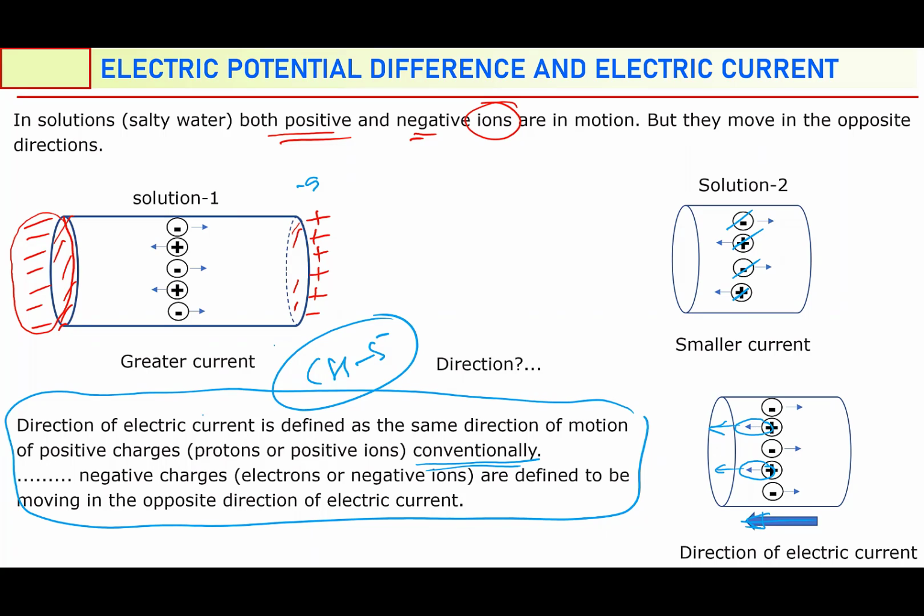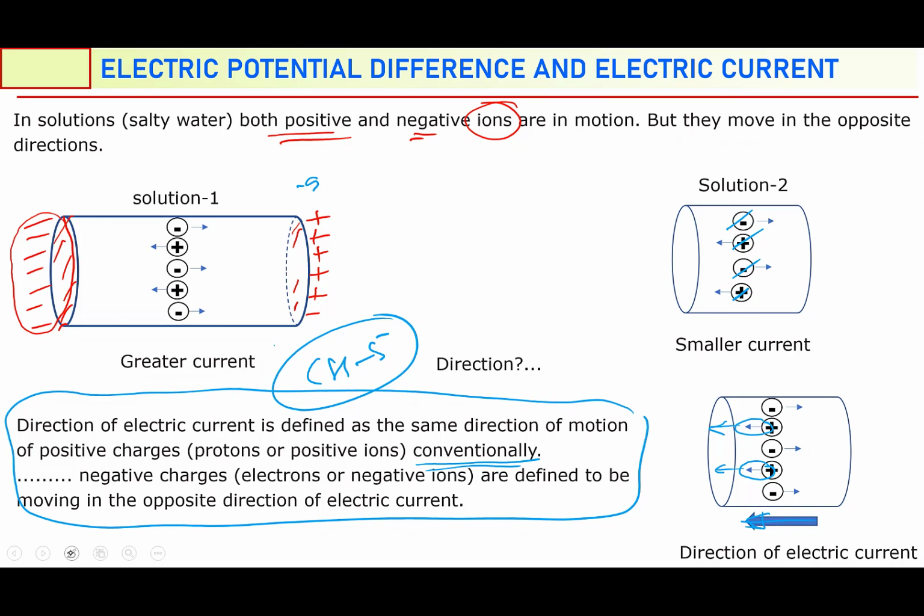Once again, the direction of the electric current is defined as the same direction as the motion of positive charges, the motion of the protons, or the motion of the positive ions. But negative ions or electrons, which are negatively charged particles, are defined to be moving in the opposite direction of the electric current.